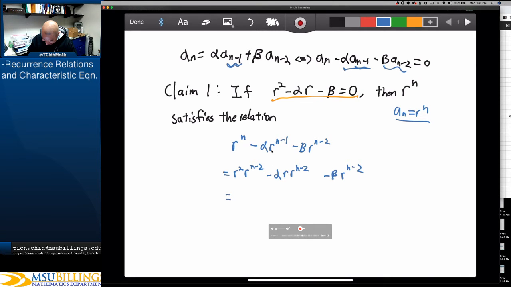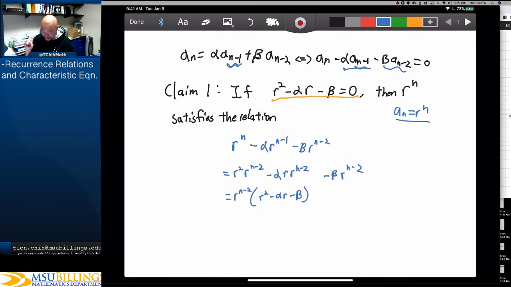And then I get to yank out all the r to the n minus 2's, leaving behind r squared minus alpha r minus beta. But remember, r came from exactly being a solution to this equation. It's exactly one of the roots to that polynomial. So what we get is r to the n minus 2 times 0, which is of course 0.